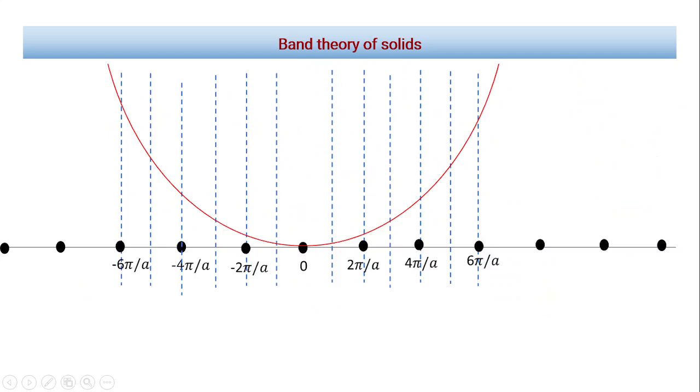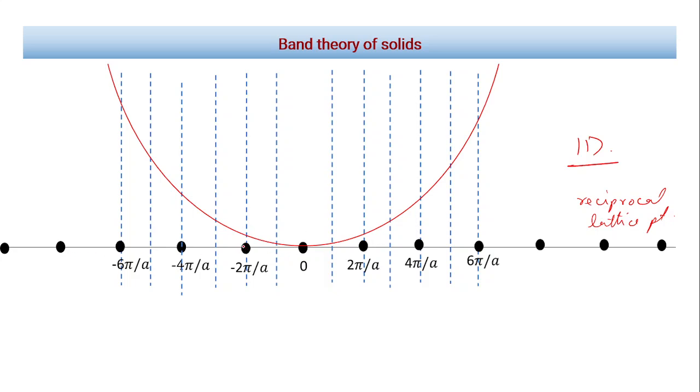So these are for 1D. This is in reciprocal lattice points, reciprocal lattice points in 1D. This I am taking as origin. Again, I am emphasizing this is arbitrary; I can take any point as origin.